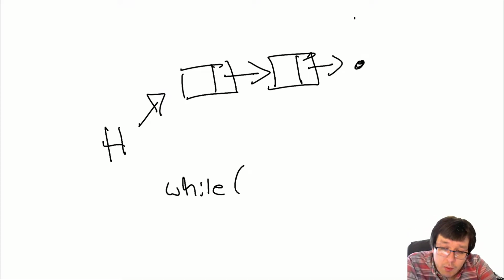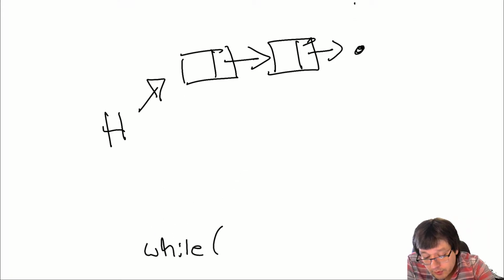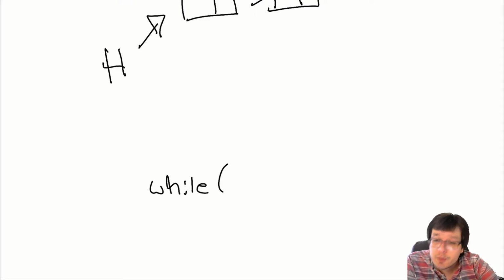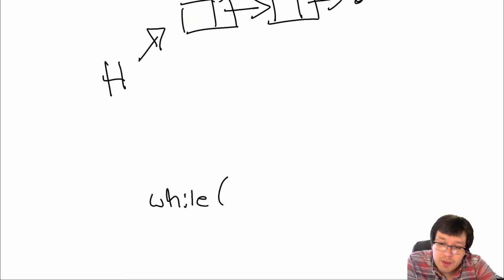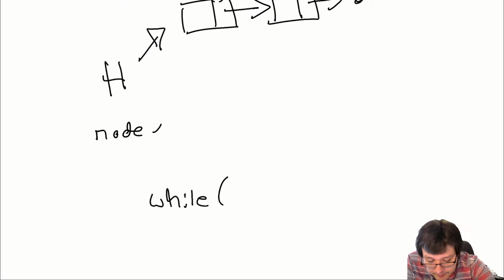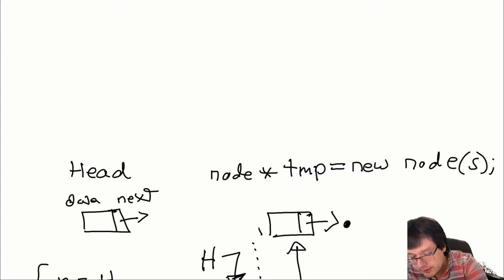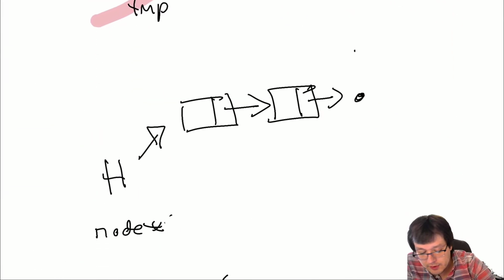So with a while loop, first of all, we're going to make a temporary pointer. Let's not confuse it with the temporary pointer I was talking about earlier, because at the end of the day, all of these are going to have this new call, because this is actually what's creating the node.